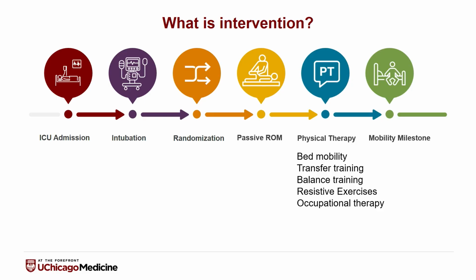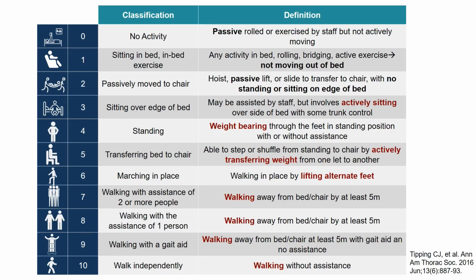So there are standardized tools to measure what the mobility scale is, and this is one of them, the International Mobilization Scale. It's an 11-point scale where a score of 0 means no activity, and it can go all the way up to 10, which means the patient's walking independently.